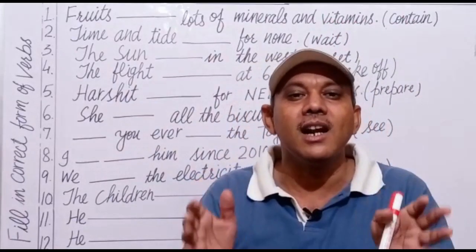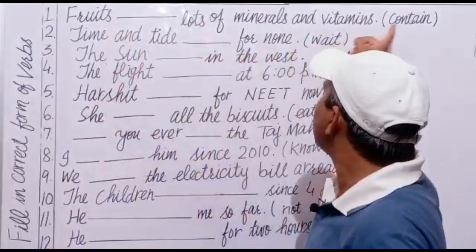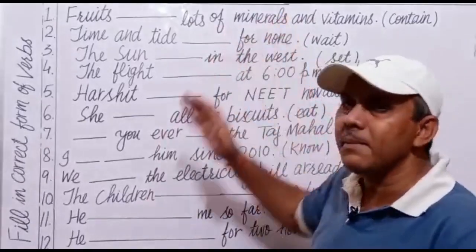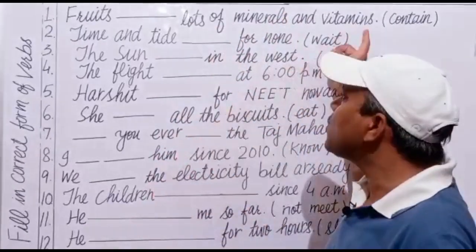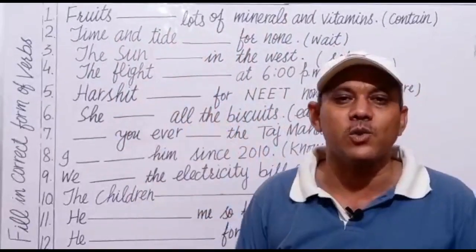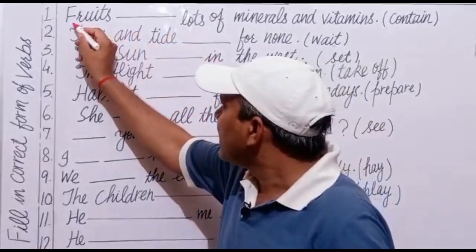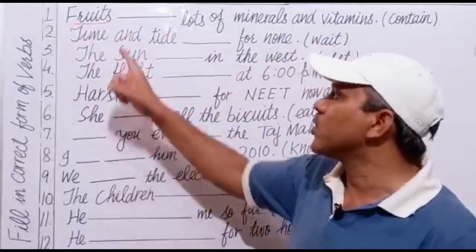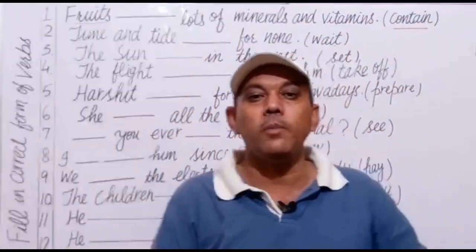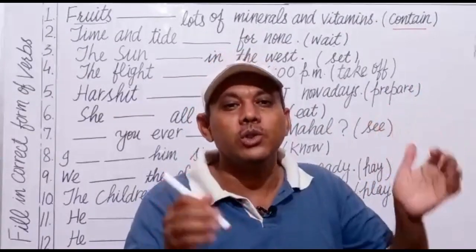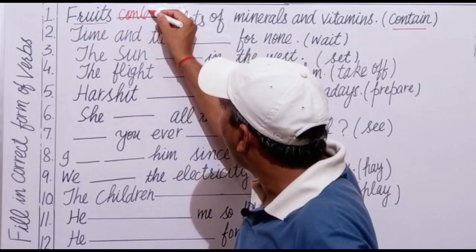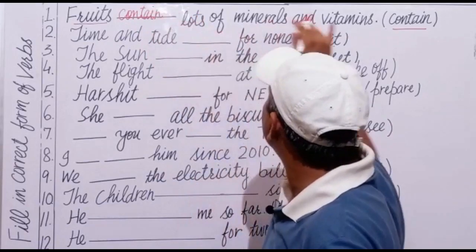This is a general fact that fruits contain minerals and vitamins. ये नेचुरल कंटेंट्स ऑफ फ्रूट्स हैं, इसलिए हम इसमें simple present tense का use करेंगे. और चूंकि यहां पर ये subject plural है, फ्रूट्स, इसलिए हम इसकी first form यहां use करेंगे और first form ही आपकी इस bracket में दी हुई होती है. तो यहां पर हम लिख देंगे, Fruits contain lots of minerals and vitamins.